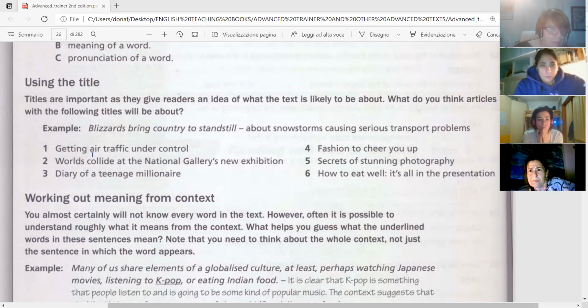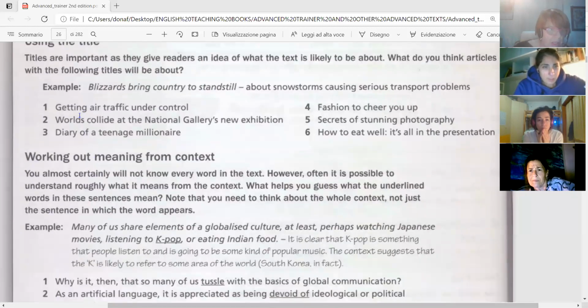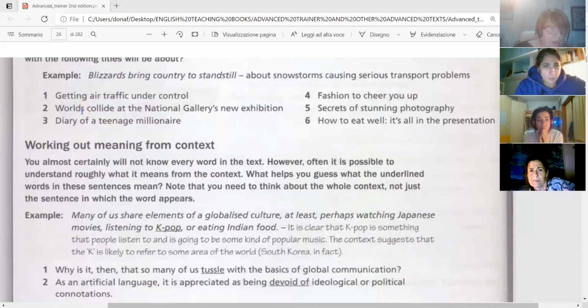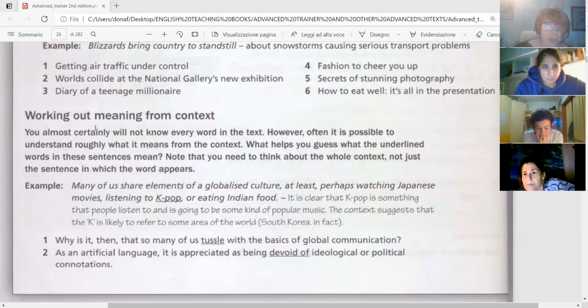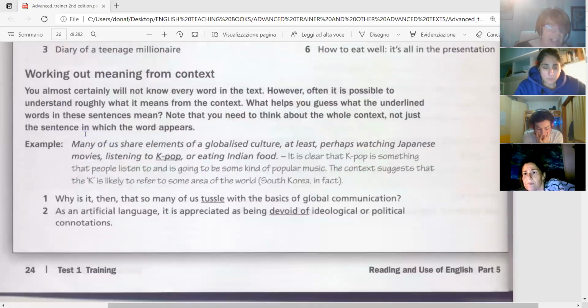Getting air traffic under control, words collide at the National Gallery's new exhibition, Diary of a Teenage Millionaire, fashion to cheer you up, secrets of stunning photography, how to eat well, it's all in the presentation. So these are all titles that you can find, and you just have to try to work out the meaning. Okay, let's go on.